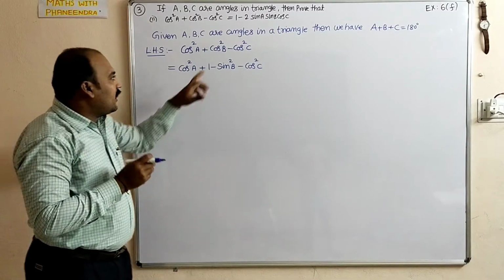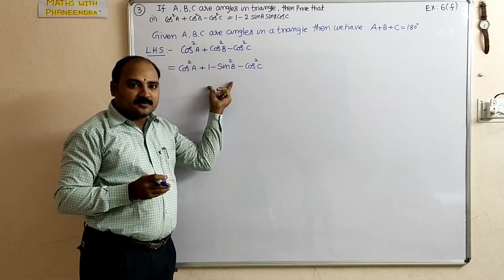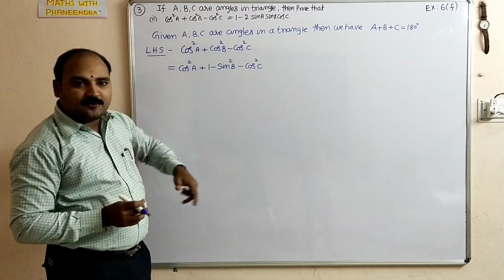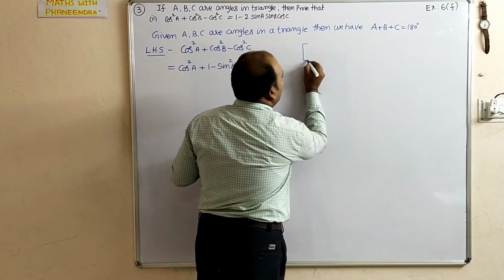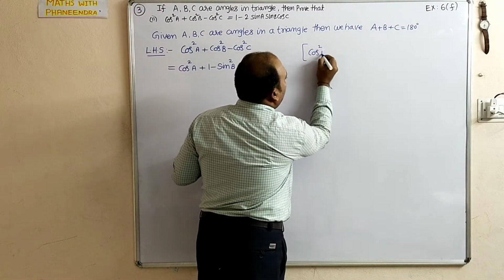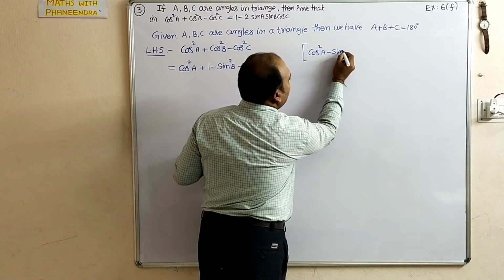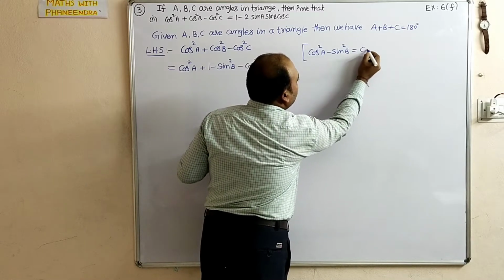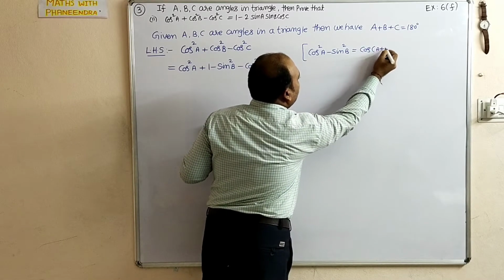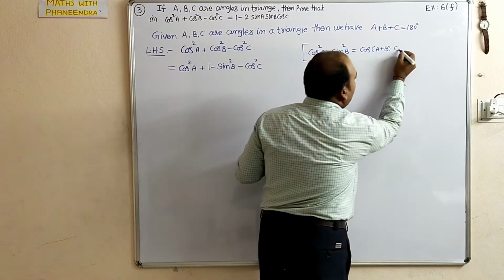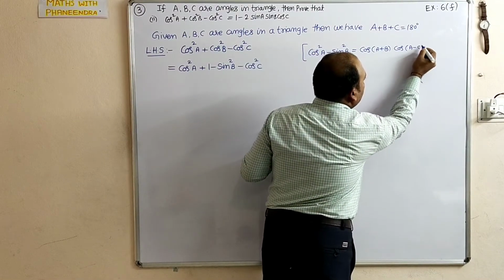Why are we writing cos square B only in terms of sin? We have the formula cos square A minus sin square B, which is equal to cos of A plus B into cos of A minus B. To get the formula form, we are writing like this.